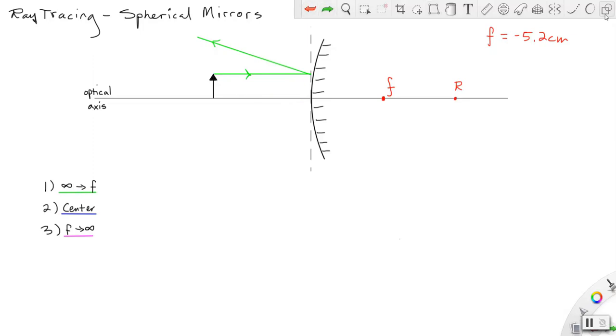Our ray can go from the tip of the object to the center of the mirror, and if we want to check where it's going to go, all we have to do is check the height of our object. So let's create a length here, a measure of how tall that object is, so that we can make sure to do the same exact height on the bottom.